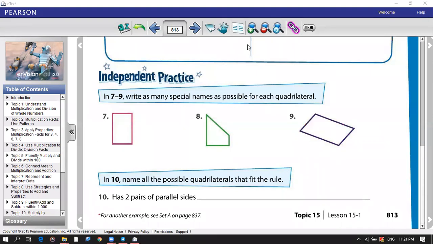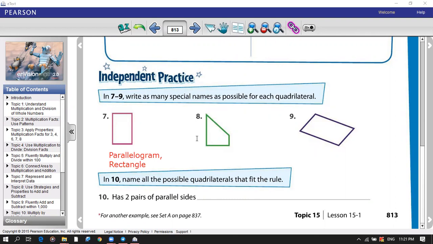In 7 to 9, write as many special names as possible for each quadrilateral. Question 7. This shape has two pairs of parallel sides, so it's a parallelogram. And it also has four right angles, so it's a rectangle. Question 8.